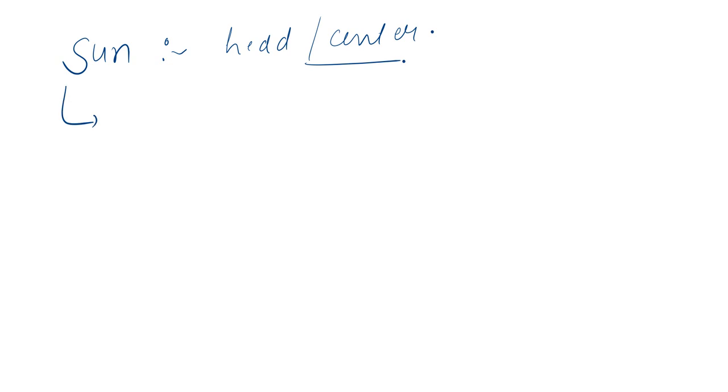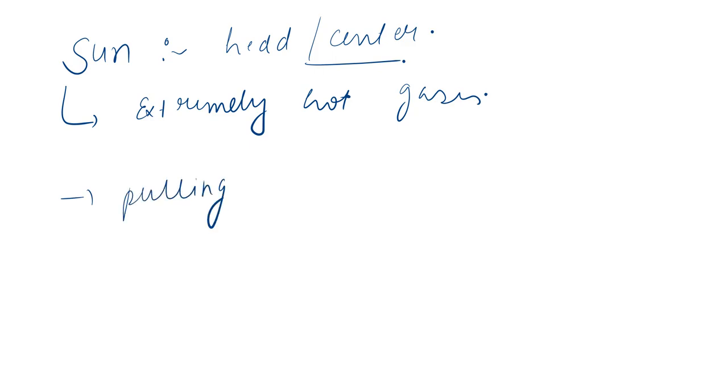First comes the most important, which is the sun of the solar system. It is the head or the center of the solar system. The sun is made up of extremely hot gases, and it has a pulling force which helps in binding the solar system together.